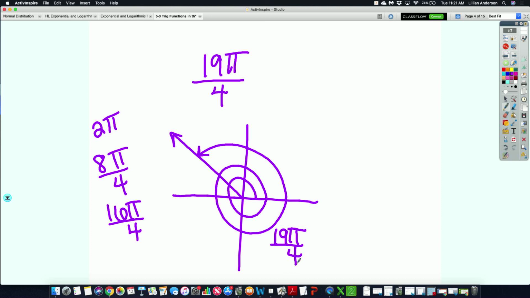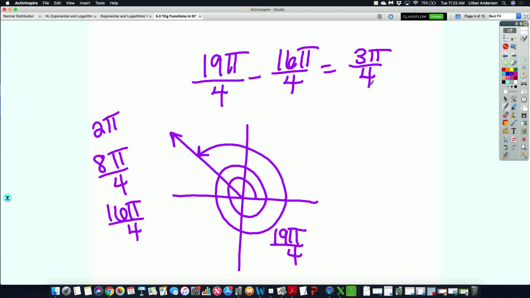That's exactly how many 2 pi's you would subtract to get an angle between 0 and 2 pi. I need to subtract 2 pi twice because I went around two times. So 19 pi over 4's coterminal angle is 3 pi over 4.